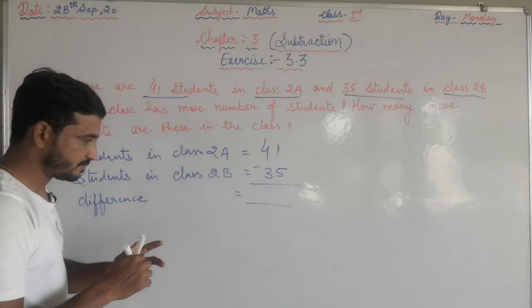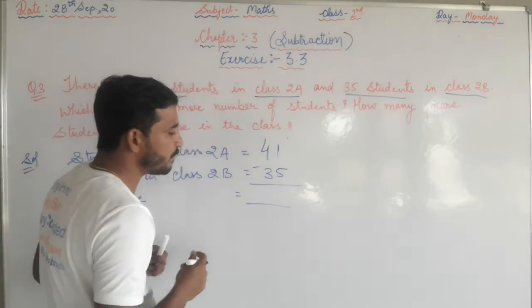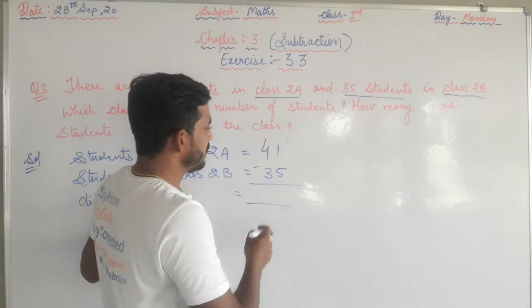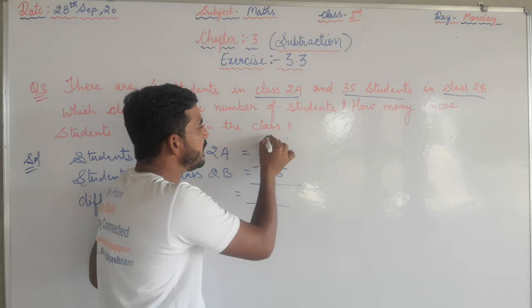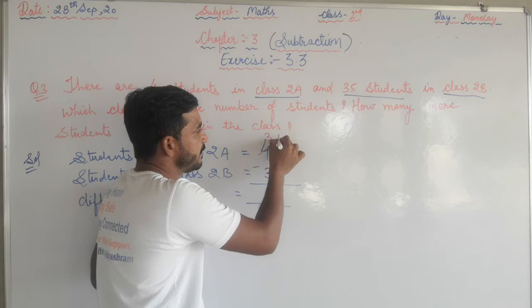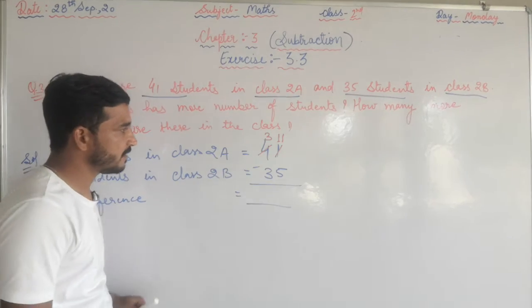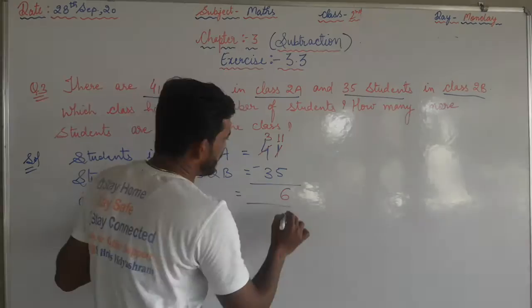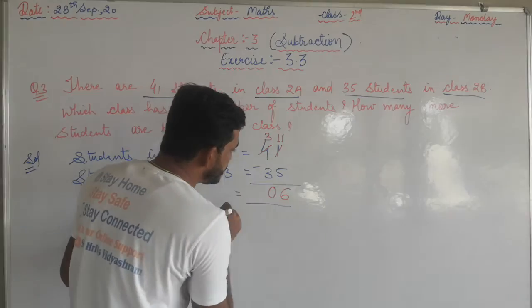You have to find the difference by subtraction. Suppose 5, we can't subtract from 1, so you have to borrow 10 from the next number. Here it becomes 3 and here it becomes 11. Now subtract 5 from 11. What's the result? That is 6. Then 3 minus 3 is 0.